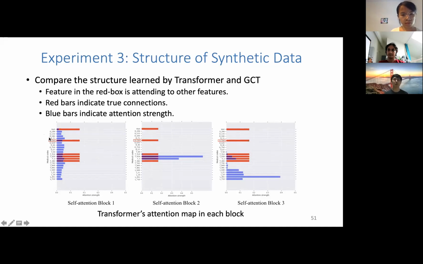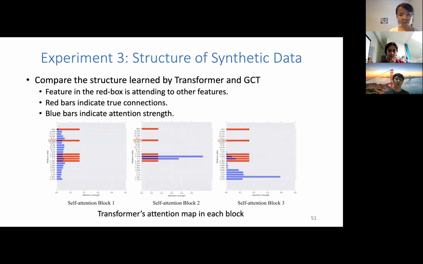What we're doing is trying to learn the ground truth connections using transformer and GCT, and we're comparing the results. Here, the red mask, we are looking at the connections in terms of this node. So this node is connected to visit, obviously. This is a diagnosis code. And these red bars indicate the true connections, so these 4 treatment codes. That is the true connections that the model needs to learn.